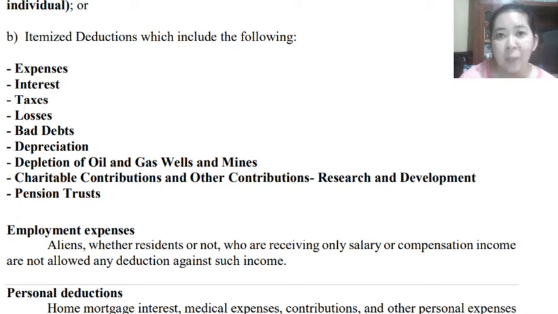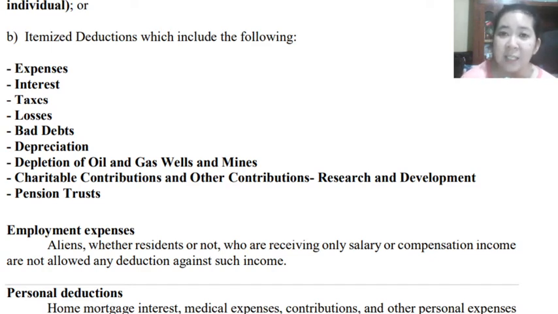We all know that natural resources will become exhausted at some time. So depletion means the stocks of these natural resources are becoming lesser. It's like a loss on the part of the owner of those companies who extract natural resources, so this can also be allowed as a deduction.